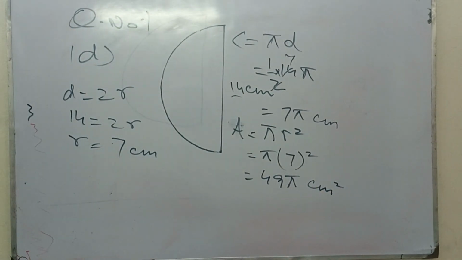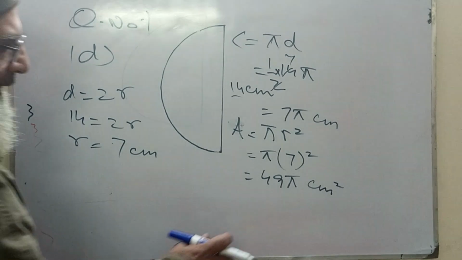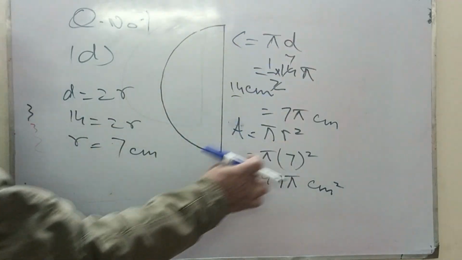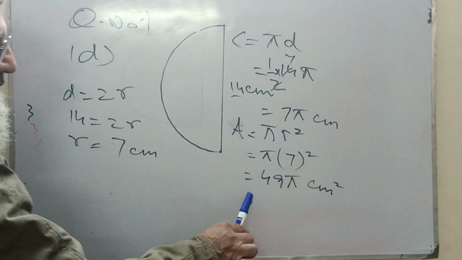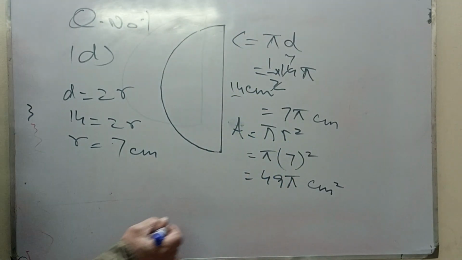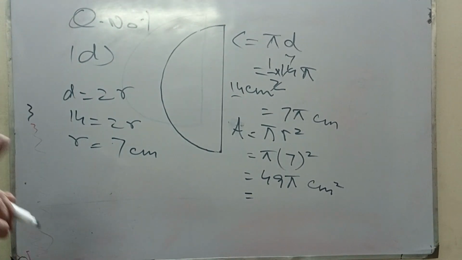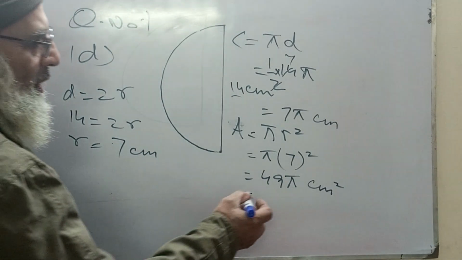But what is wrong in this? This area is for the full circle. Similarly, we have to multiply it with 1 by 2.